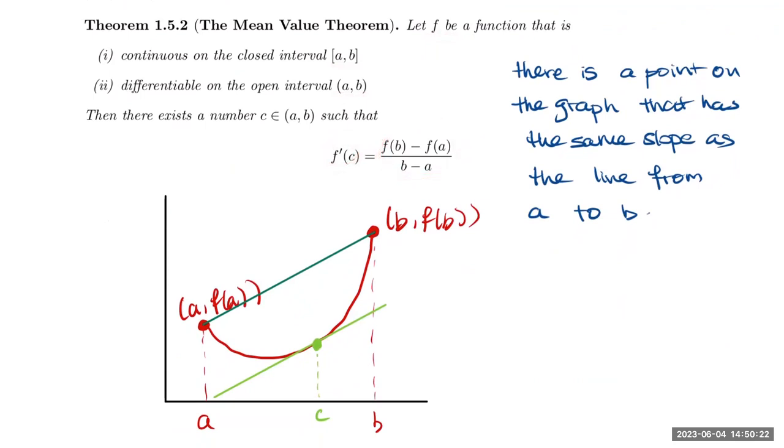Well, this is very easy to just rearrange, because if we just bring this to the other side, we would just get f(b) minus f(a) is equal to the derivative at c times (b minus a). So that's the technique we're using at this point here. All right, so let's go back.